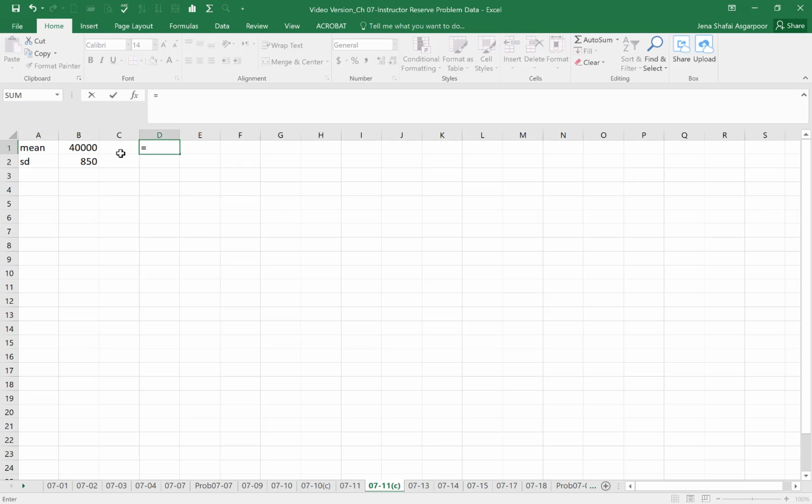So 40,000 minus 4 times the standard deviation, and then this will be 40,000 plus 4 times the standard deviation. Okay, so I have my x value set to be 36,600, and I'll just go ahead and add 50 units at a time.